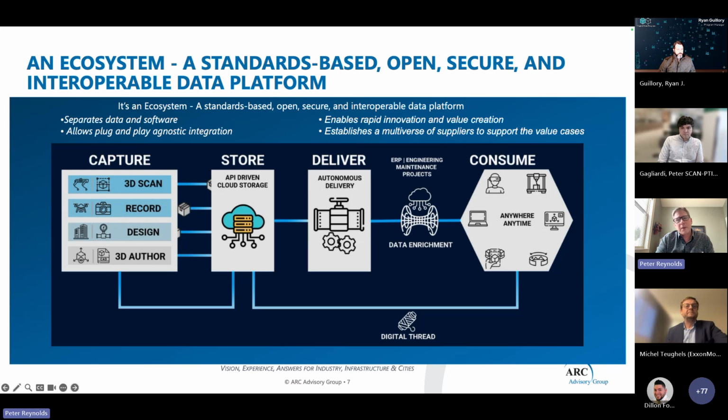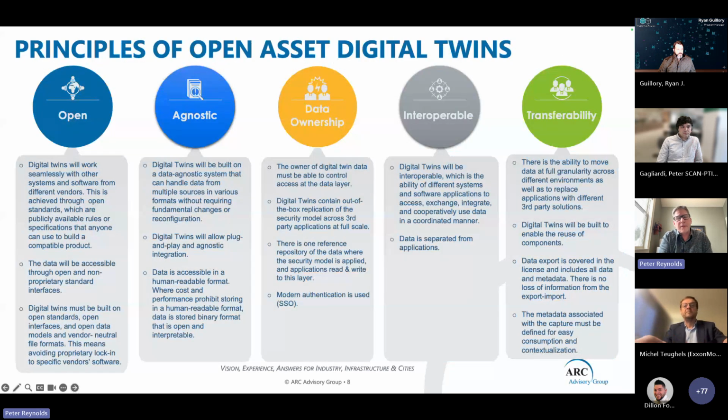So this model basically allows for more plug and play, less reliant on customization and APIs, and more time to focus on adding value at the consumption stage to deliver more value to customers. The goal behind this interoperable ecosystem is to not only reduce cost, but to increase value and accelerate applications quicker. I won't go into too many of these.